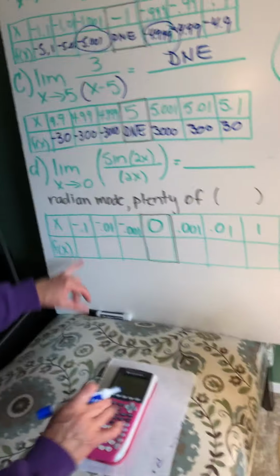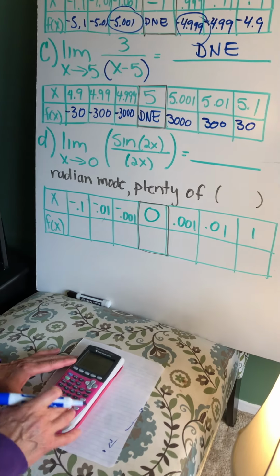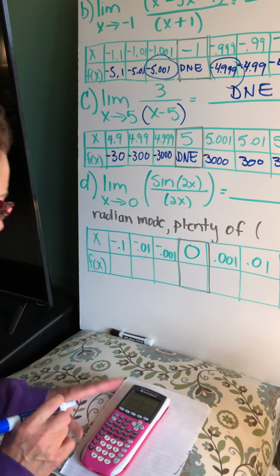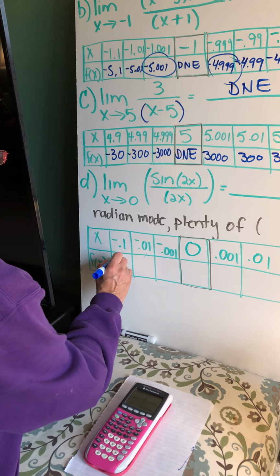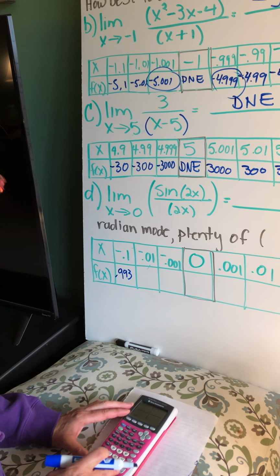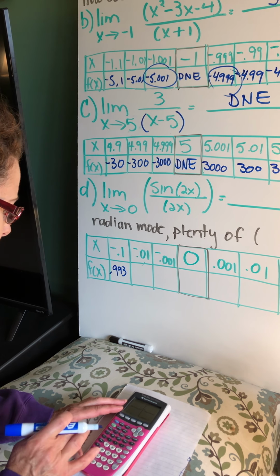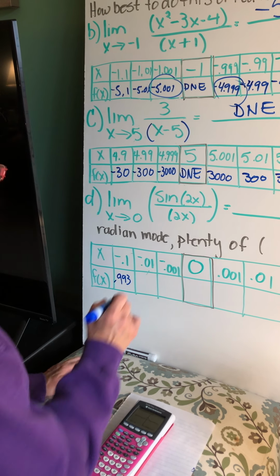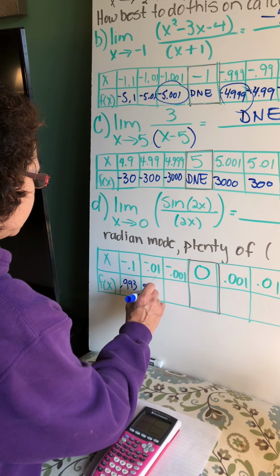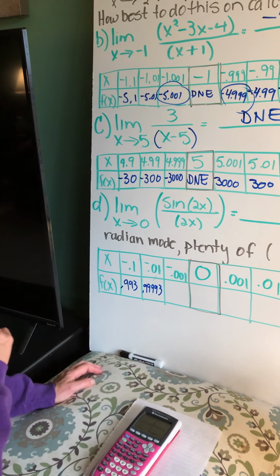Here we go again. I'm going to do second calc. I'm going to do a value of negative 0.1. That is 0.993. A value of negative 0.01, 0.9999. I'm going to go a little further. There we go.